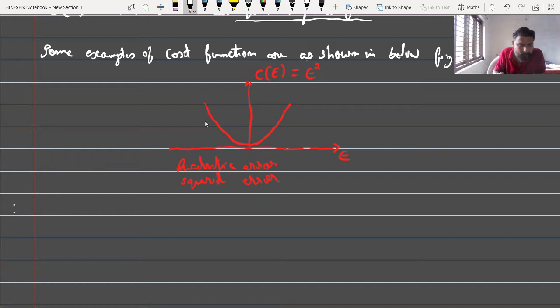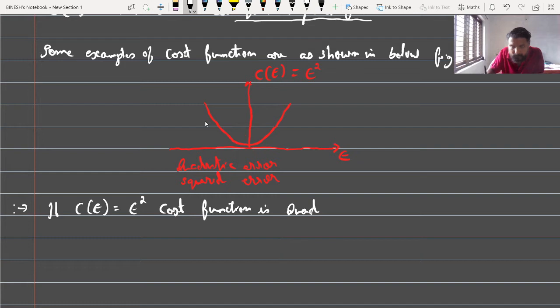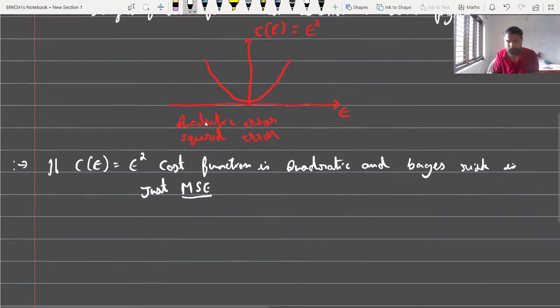The first point: if C of e is nothing but e squared, the cost function is quadratic, and the Bayes risk is just the mean square error, MSE. Underline that. One note.